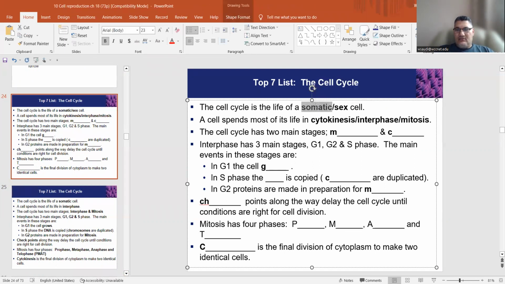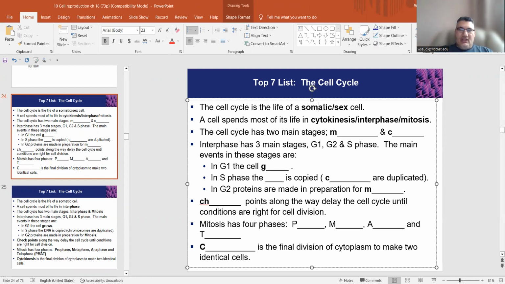What do you guys think? When we say the cell cycle, like all these steps, G1, S, G2, mitosis, all of this is a cell cycle. Are we referring to the somatic cells or the sex cells? Somatic. Yes, somatic cells. Sex cells is completely different.